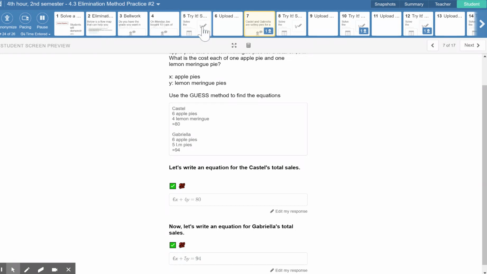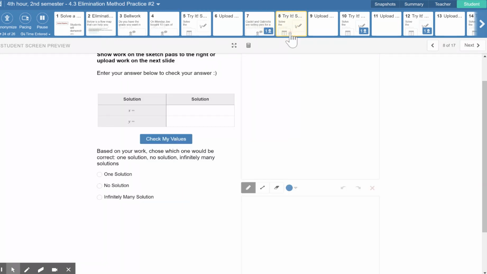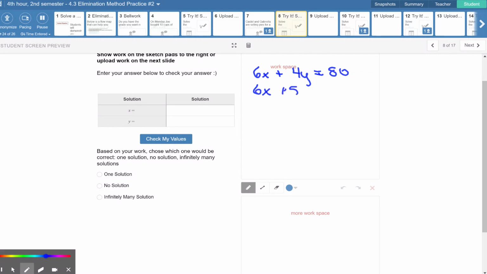So we know we did that one correct. So here, you're writing your 2 equations again. And then we have 6x plus 5y equals 94.